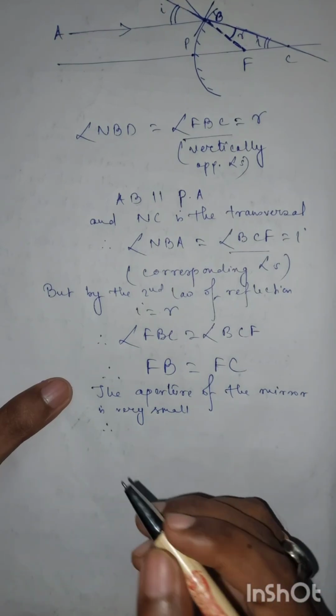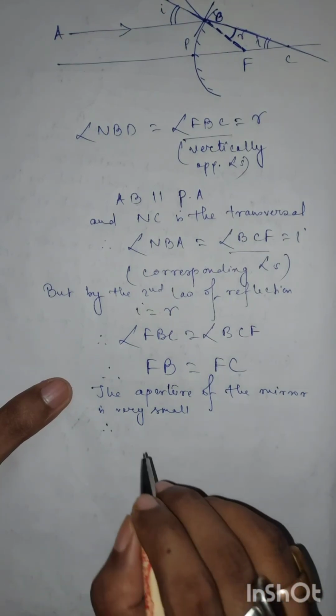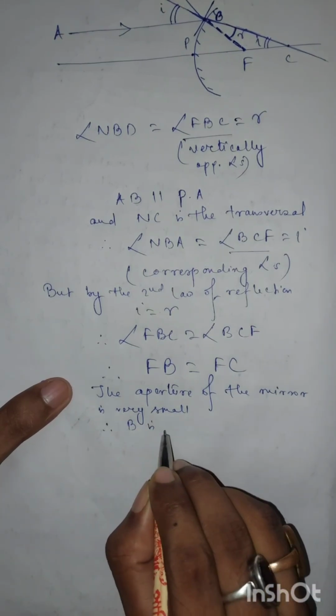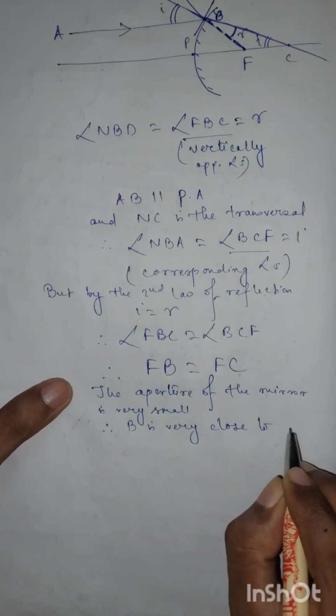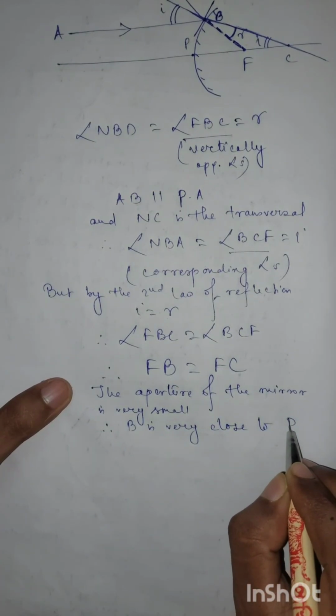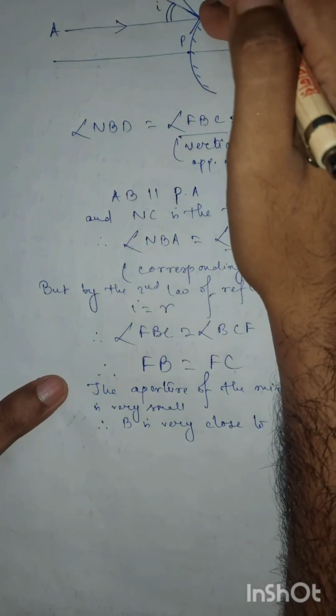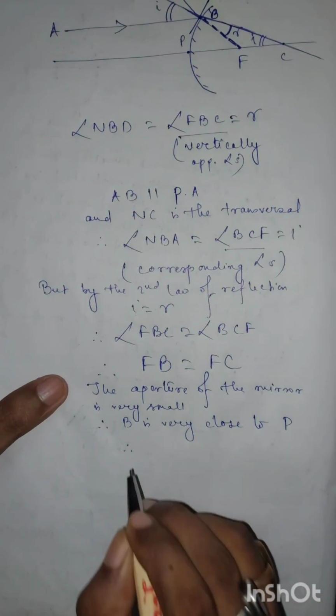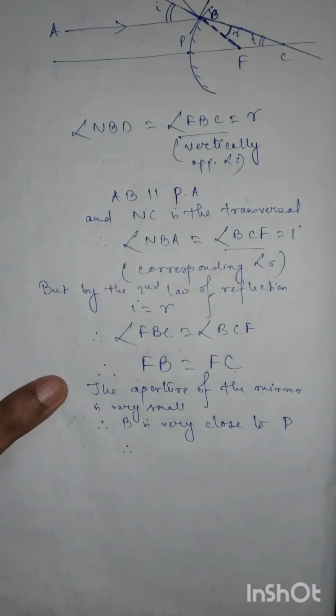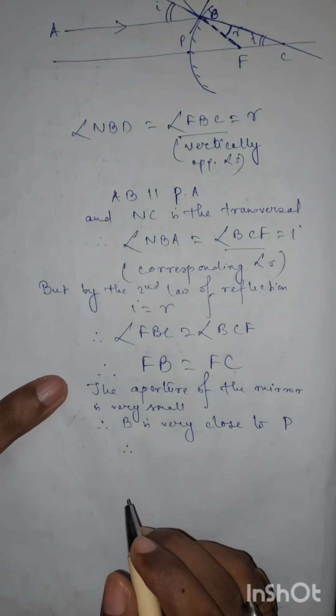Therefore, B is very close to the point P. Therefore, FB is almost equal to FP.